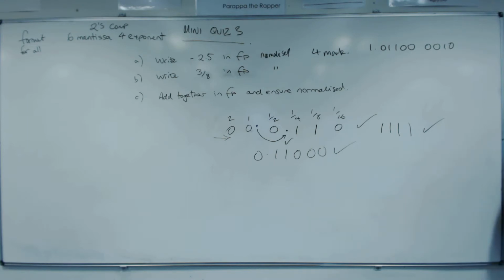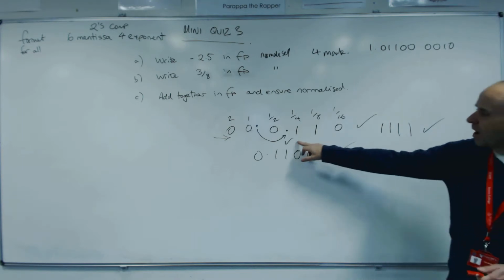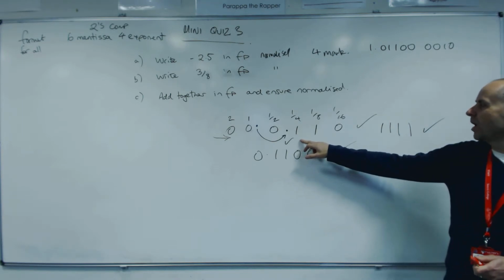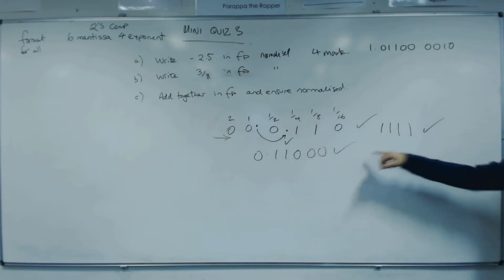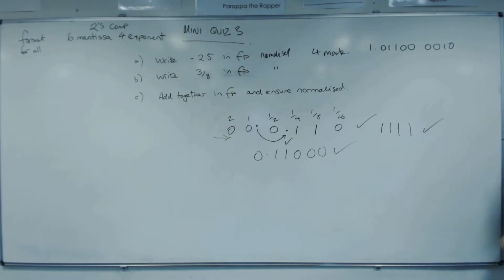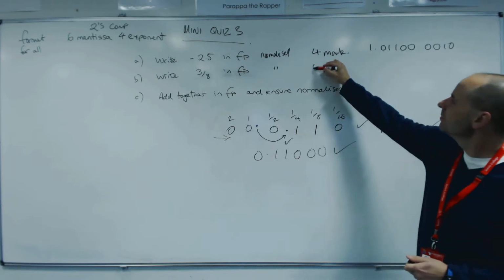They generally won't give extra marks because you have to do 2's complement. So 3 then. You got a mark for that initial one, a mark for showing the binary point moving 1 place, a mark for the final mantissa, and a mark for the exponent. So 4 marks again on that one.